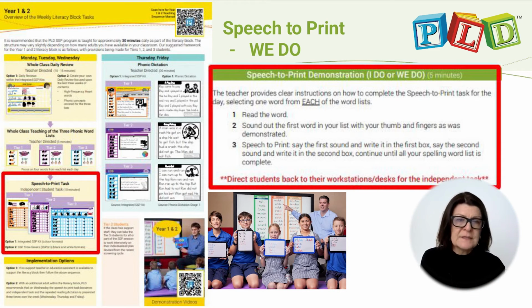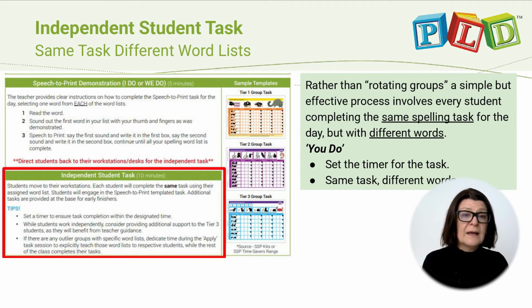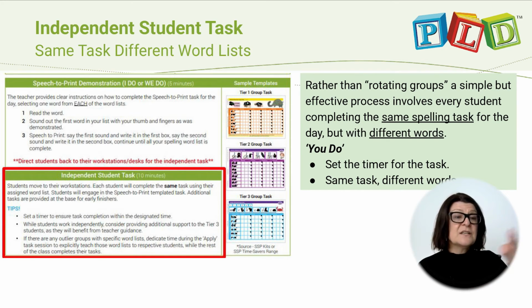They will then progress back to their seats with their allocated list, and they will be doing their allocated task. So the whole class is doing exactly the same task. They've had teaching across the 3 different lists, but then when they progress back to their desks, they're completing their own assigned list.